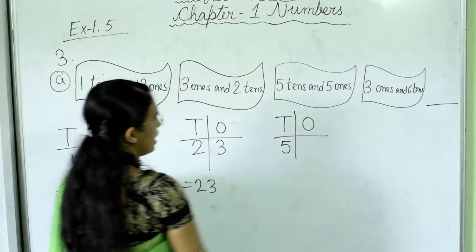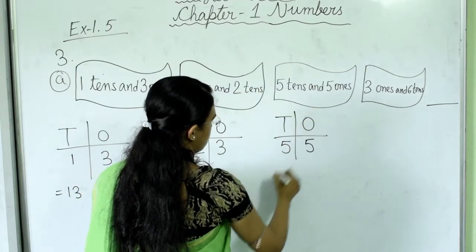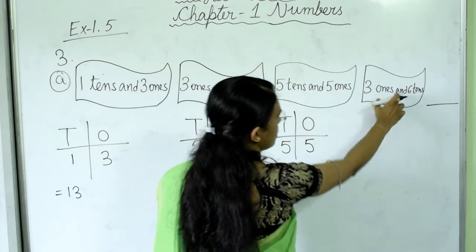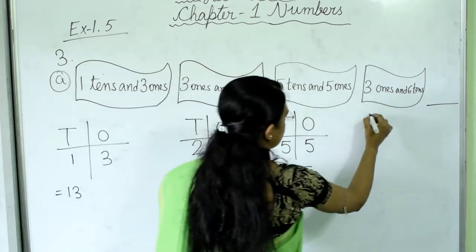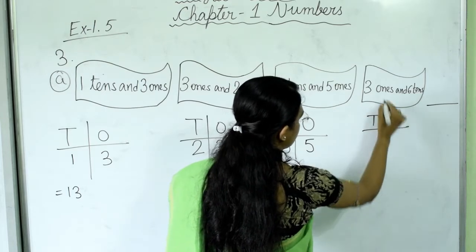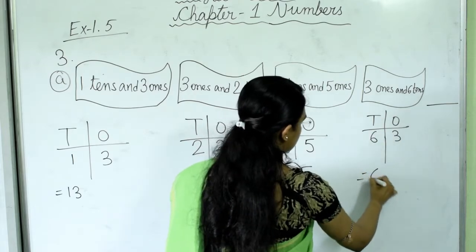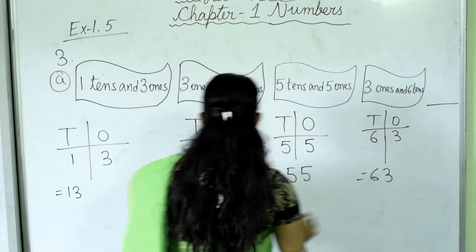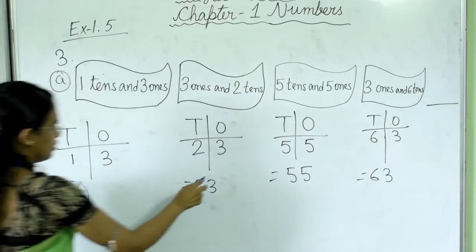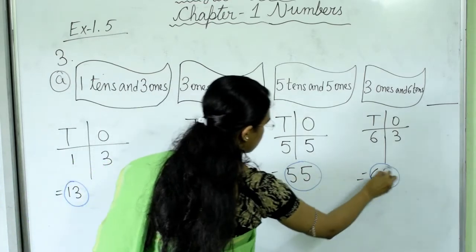So we have to put 5 in tens place and another 5 in ones place. That is 55. Okay, and the last one is 3 ones and 6 tens. So 3 in ones place and 6 in tens place. That is 63. So among these numbers, that is 13, 23, 55 and 63.